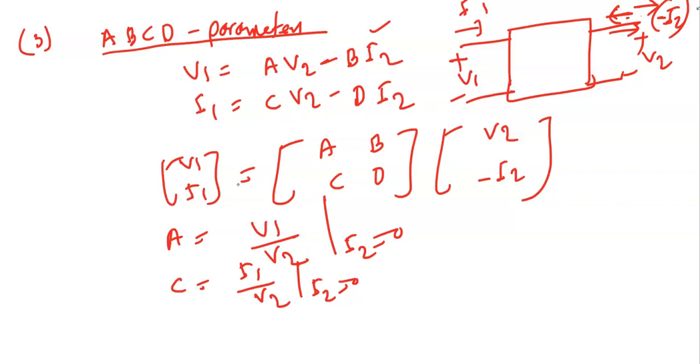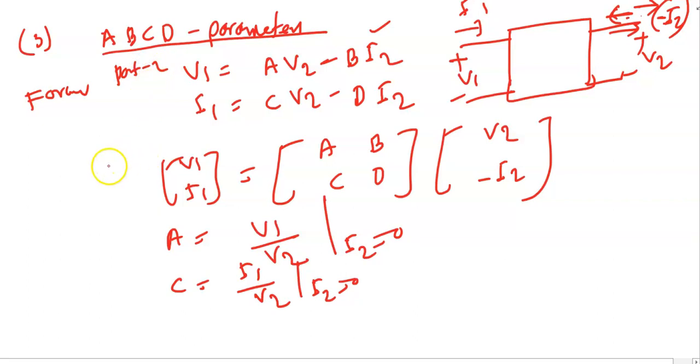Whenever it is I2 upon V1, or V2 upon I1, or V2 upon V1, where the first quantity in the numerator comes from port 2, we call it forward. And if the numerator has the quantity from port 1, this is called the reverse quantity.